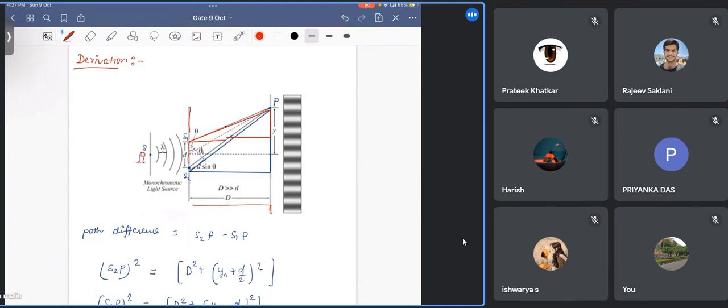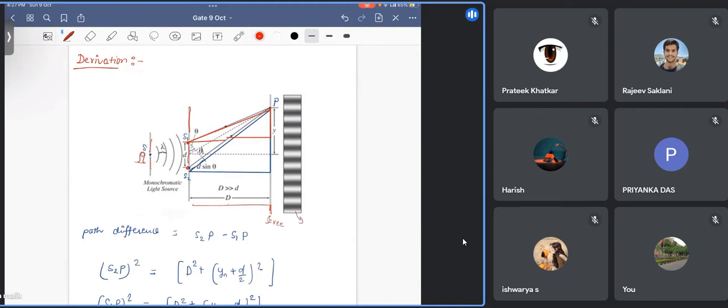It may be a light bulb also, if you take a very narrow slit here to pass the light. So the light which is coming at S1 and S2 is in phase. So you are going to see an interference pattern at the position P or anywhere on this screen which is placed here.